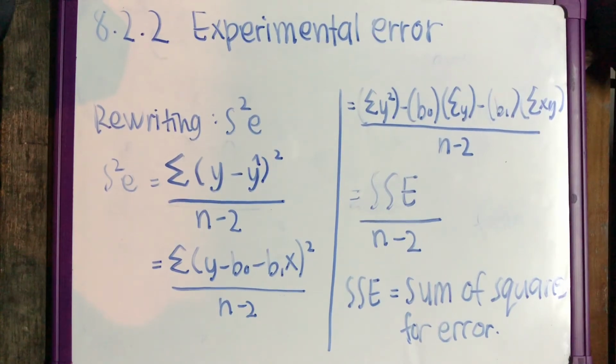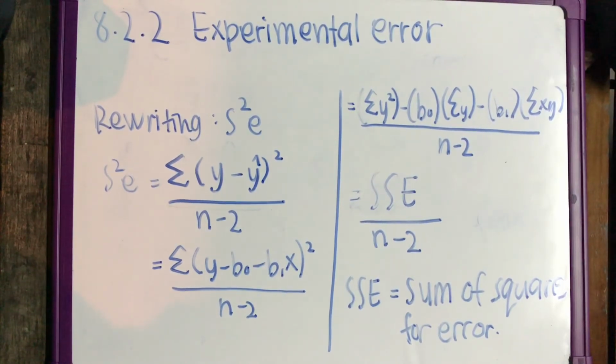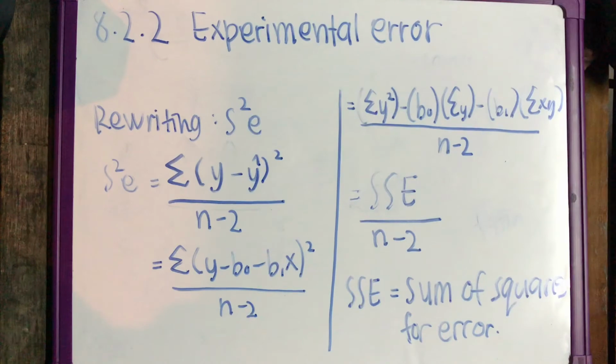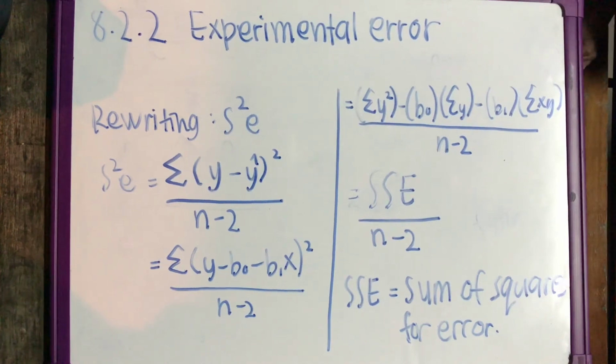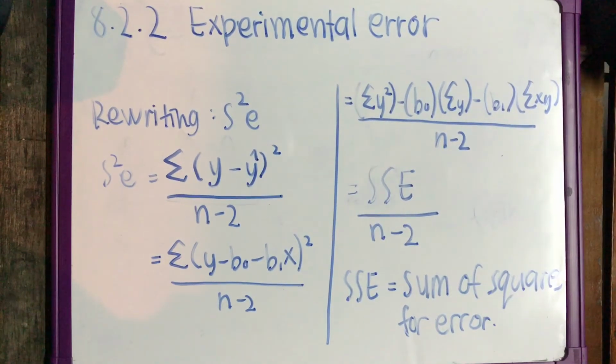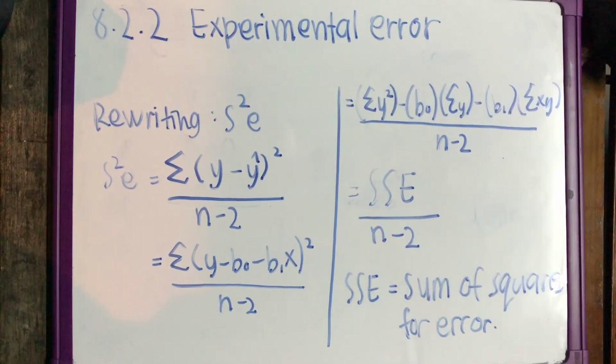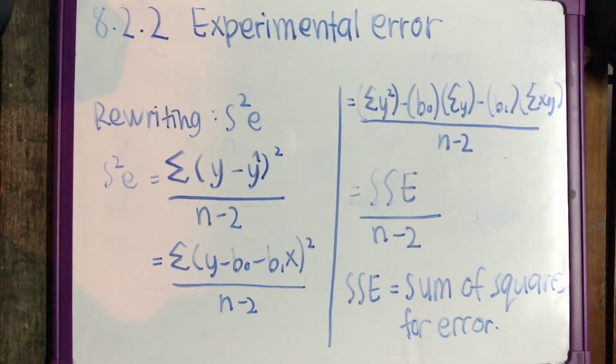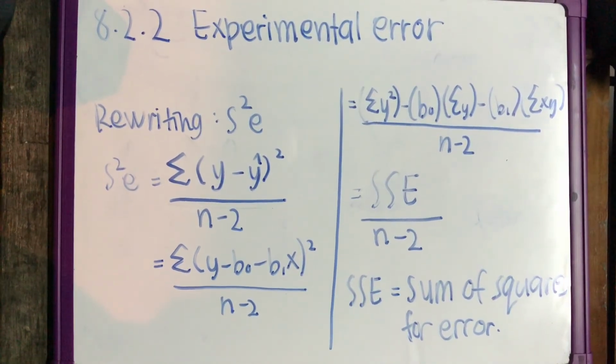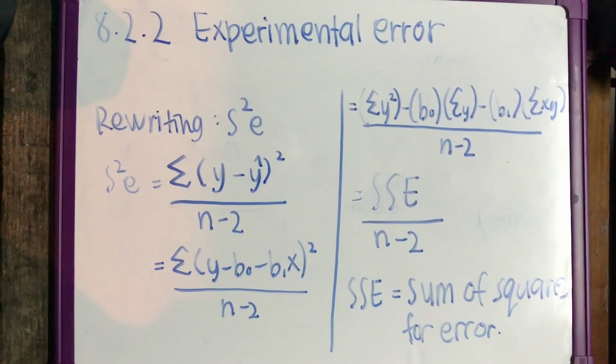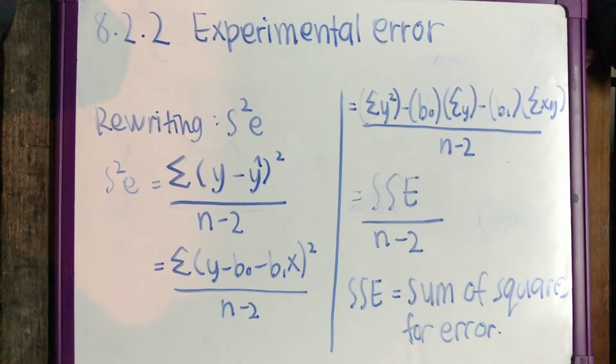The formula for experimental error is s e square equal to total y minus y cap squared, divided by n minus 2. The final answer is SSE, the sum of squares for error, over n minus 2.